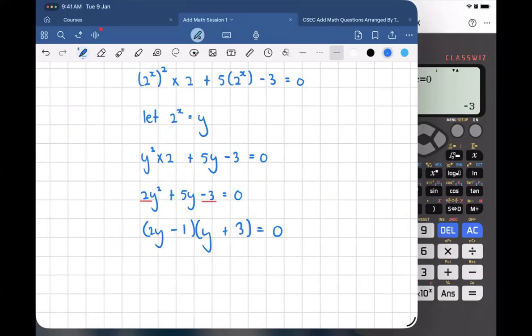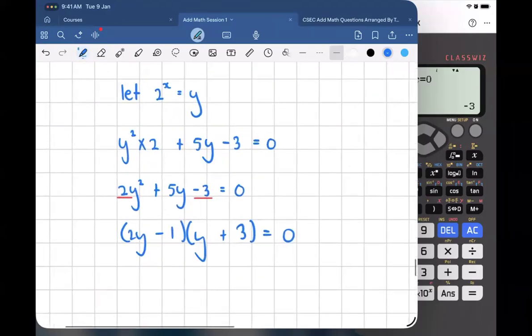So 2y by y is 2y squared. 2y by 3 is 6y, and yeah, that would work out. Just confirm that it's working out, Shay. Make sure that we get plus 5. Yes, it works out.